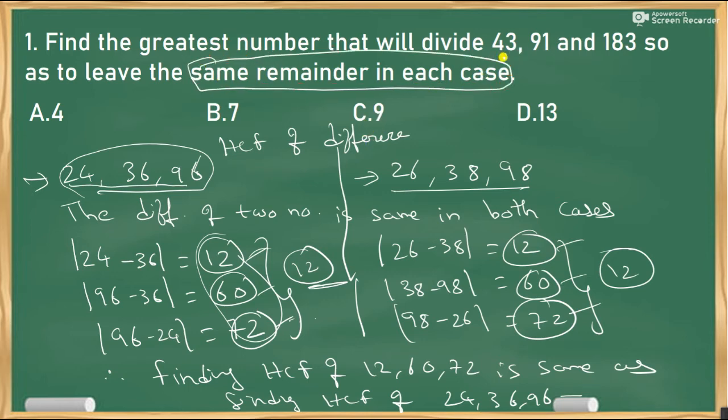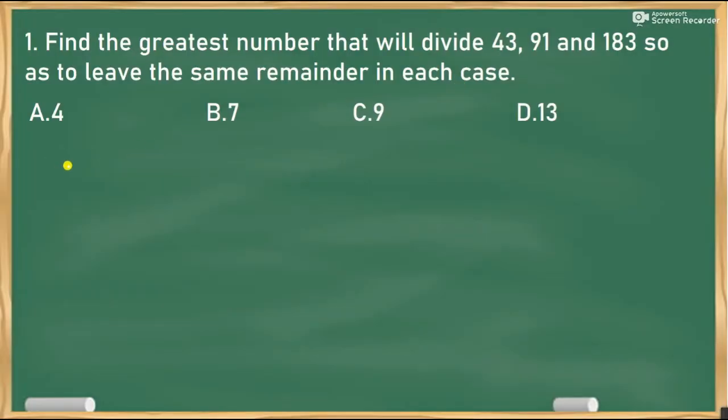Whenever we have a question like this, find the greatest number that will divide 43, 91, 183 so as to leave the same remainder in each case, the solution is you have to take the HCF of differences between these numbers. Let us check how we do that.